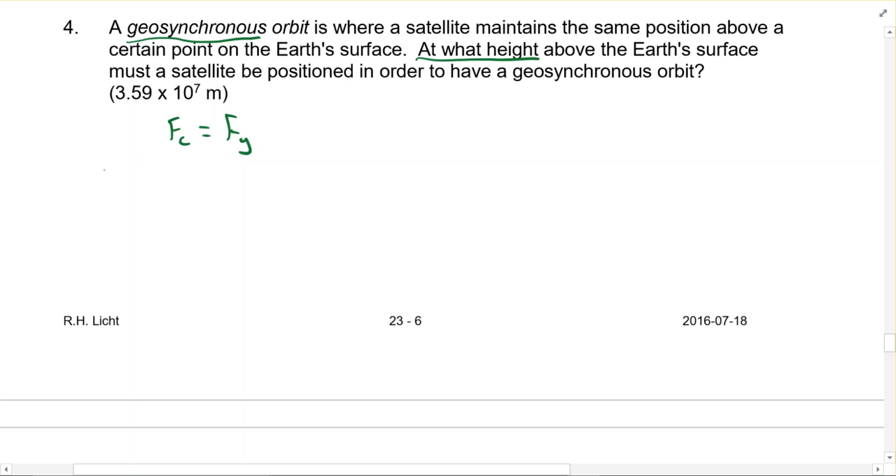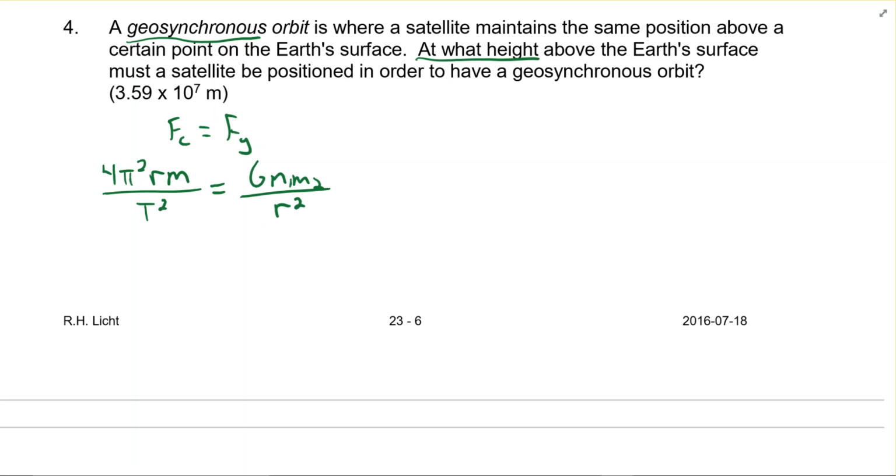So for FC, we're going to use 4 pi squared R times m over T squared. And for FG, we're going to use big G, m1, m2 over r squared. All right, so again, we're going to cancel one of the masses.